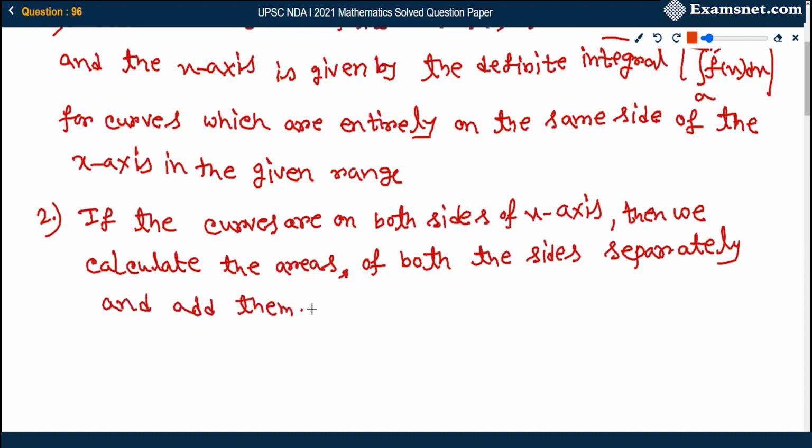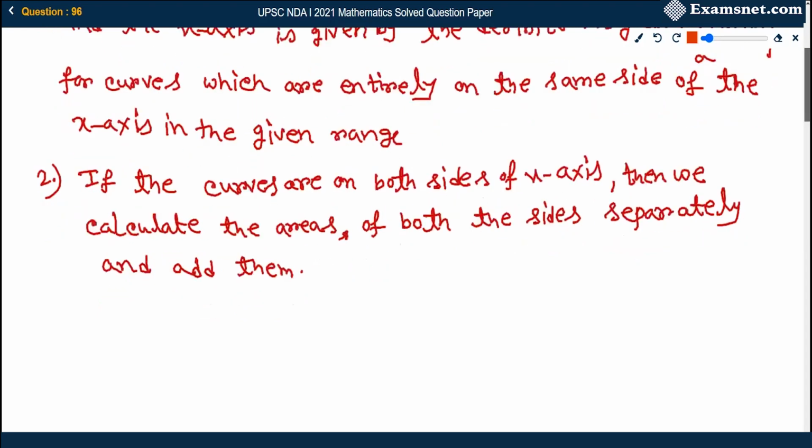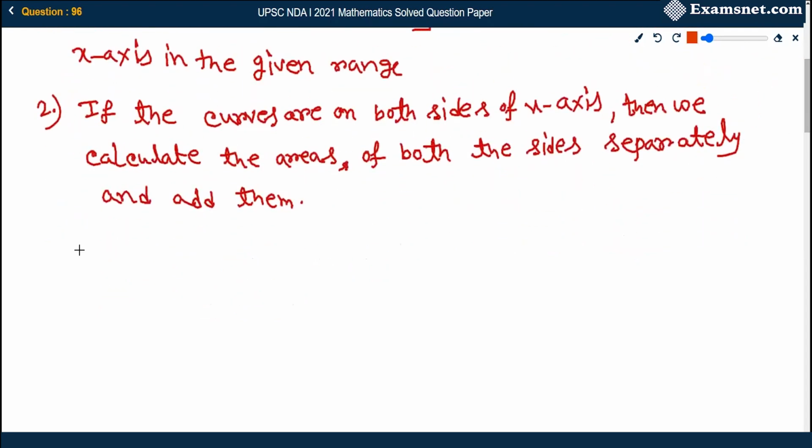Okay. Now these are the part of the area concept. So now let's talk about a few definite integral.